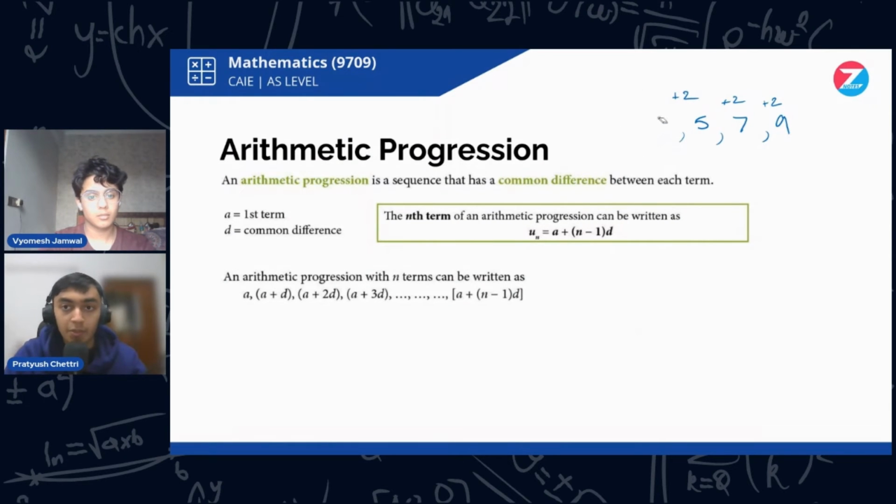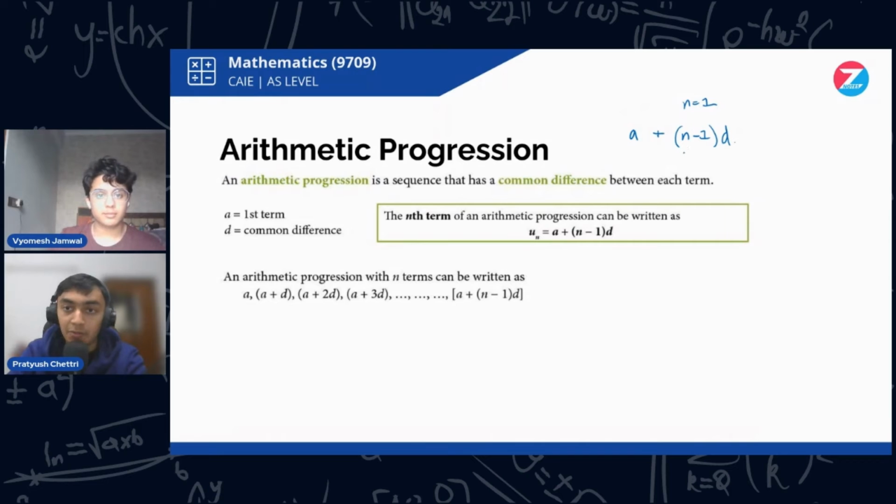And the notation we use for these: the first term is defined as A, the common difference is defined as D. These aren't just arbitrary letters. I really do suggest you use the letters they give you here: A as first term, D as common difference. And the nth term, when you write it this way, is the first term plus the term number minus 1 times D. So for the first term, where n is 1, you just do 1 minus 1 times D, so that's 0D.